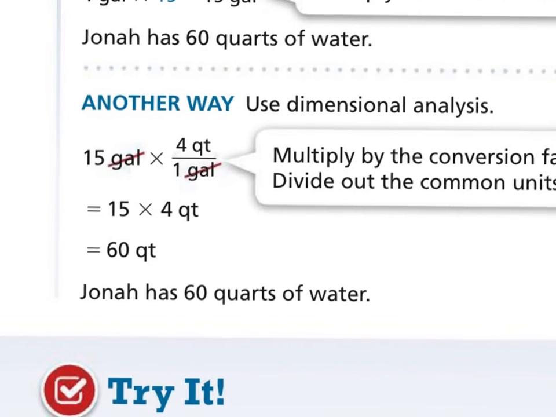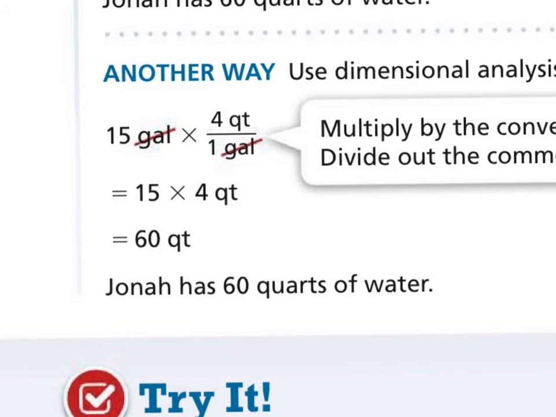Another way of doing it here, the dimensional analysis, you can say I have 15 gallons, so that's like 15 gallons over 1. And then I want to get rid of the gallons, I want to have quarts. So gallons would have to go in the denominator. This is our conversion, but the gallons would have to go in the denominator for the gallons to cancel out.